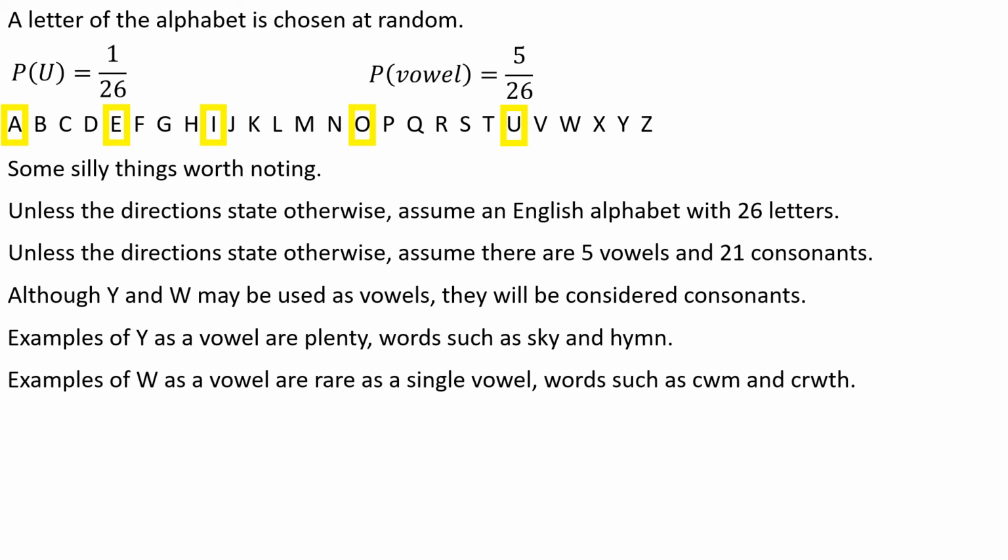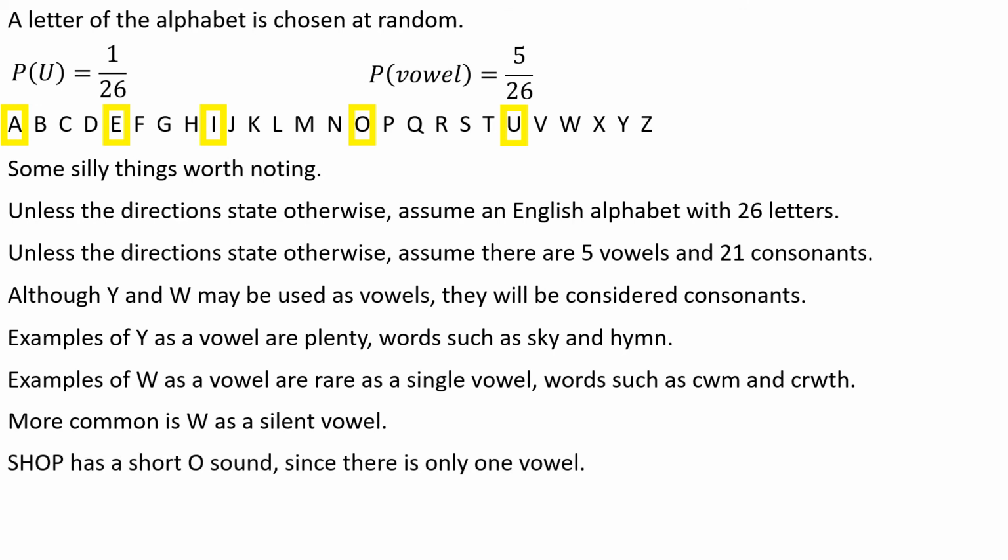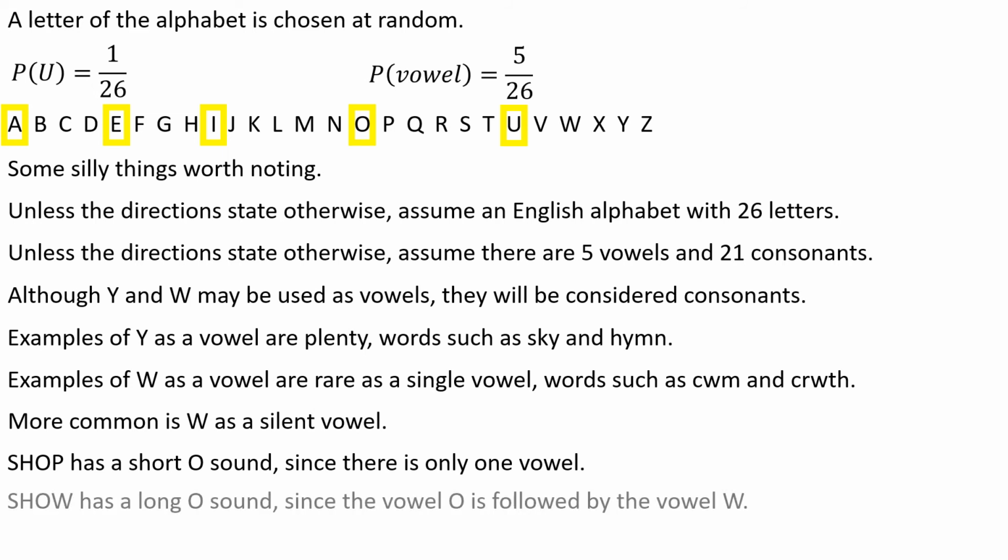W is a little bit trickier to come across as a vowel. Words such as cwm, which is like a valley, or a crwth, which is like a little tiny nook or cranny in the house. But it's very common as a silent vowel. For example, the word shop, that's a short O sound because there's only one vowel.